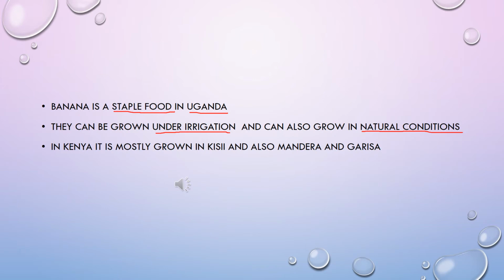So those are the three places in Kenya where bananas are mainly grown. In class 6, we are not going to talk more about banana growing in Kenya. We will be discussing more about banana growing in Uganda. So without wasting time, let us look at some of the conditions favoring growth of bananas.